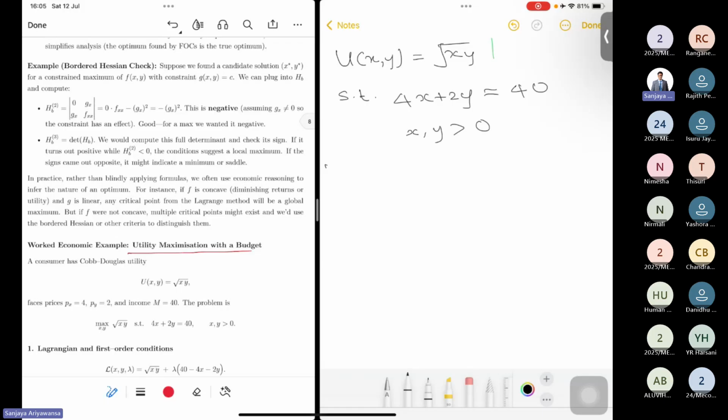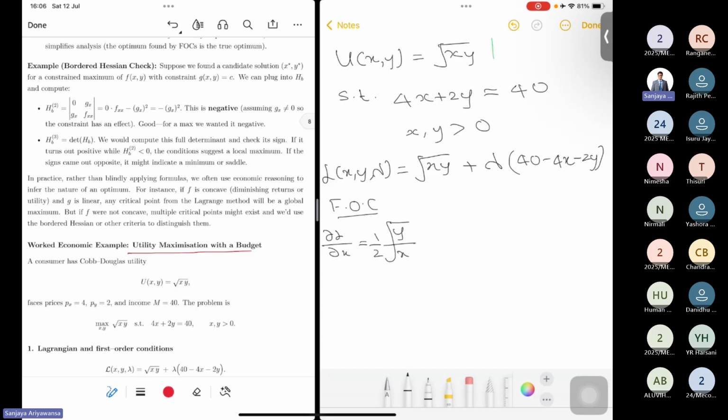Step number one would be to set up the Lagrangian L(x, y, lambda): your objective function plus lambda times your constraint function, 40 minus 4x minus 2y. Then your second step is to set up the first order conditions. Partial L by partial x gives you, when we differentiate this, the square root of y over x.